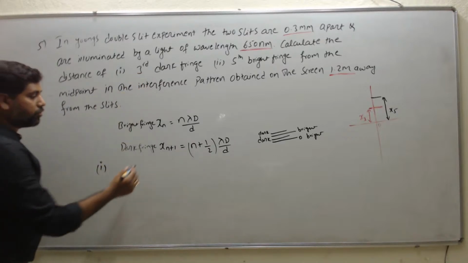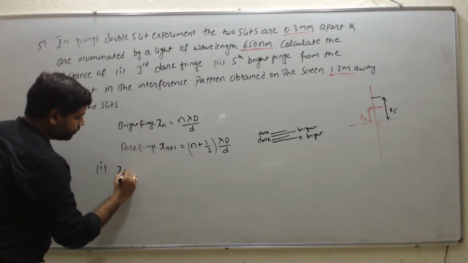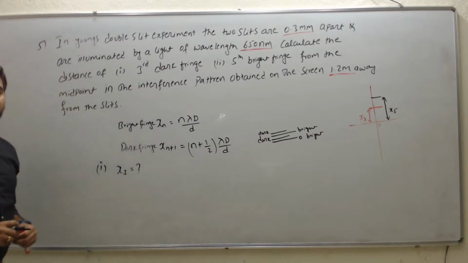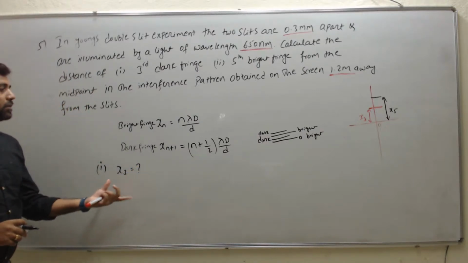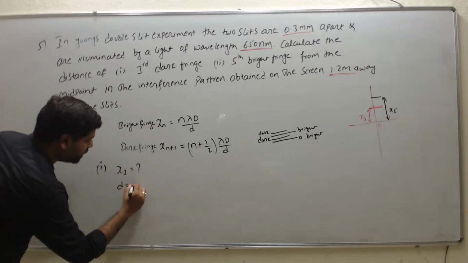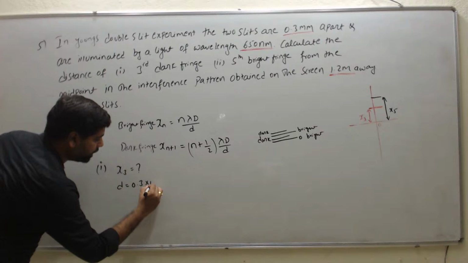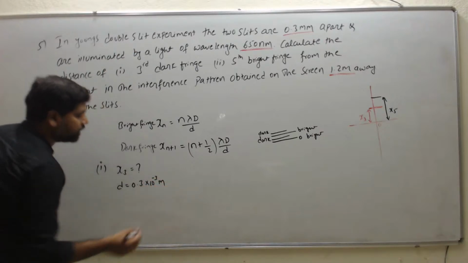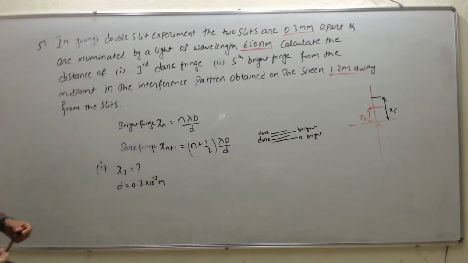So for the first case, the given is the third dark fringe. So we need x3, and also the given distance between the slits, small d, is 0.3 millimeter, that can be written as 0.3 into 10 power minus 3 meter.